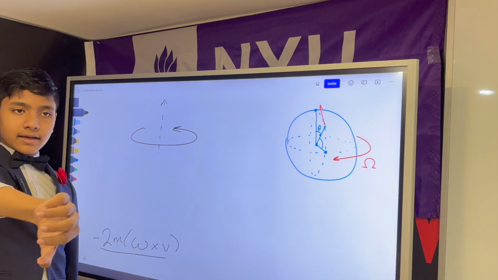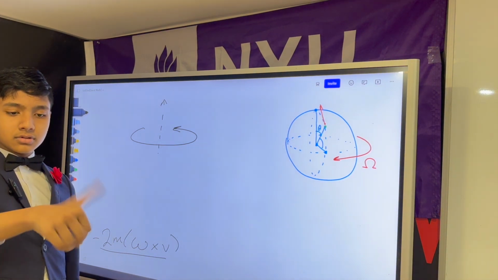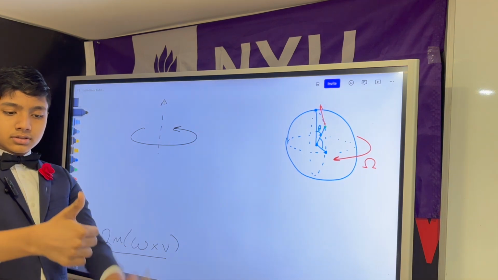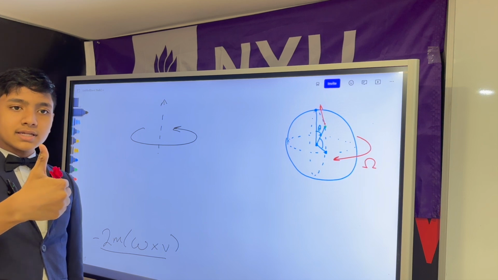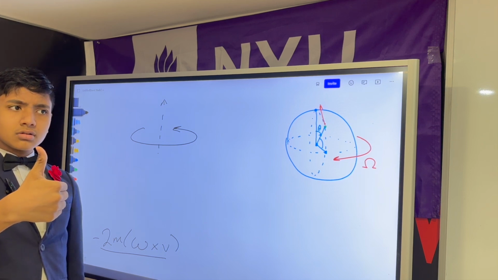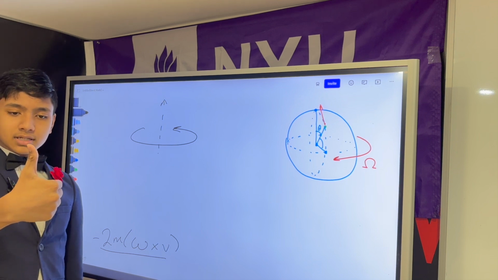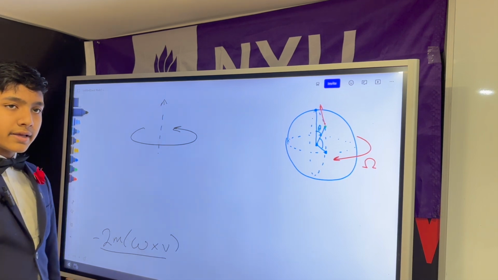On the other hand, if it's curling this way instead, your thumb is going to be pointing down. So counterclockwise is going to be this way, and curling clockwise is going to be this way.